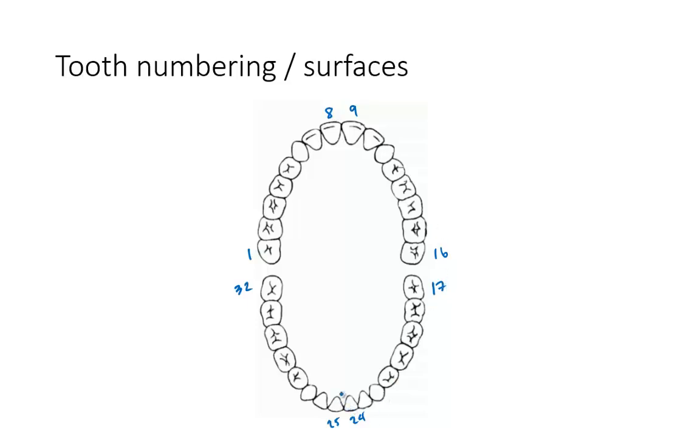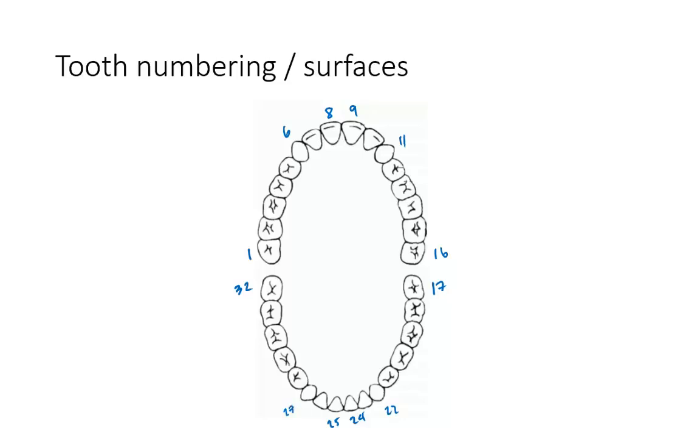Now the only problem is if I were to ask you what is the number for the upper left second premolar, this tooth right here is kind of far away from number 9 and it's kind of far away from 16 too, so when you're not used to it and then you're on the spot, it's difficult to quickly calculate what number that is. So it's also good to remember what the canines are. And that's going to be 6, 11, 22, and 27.